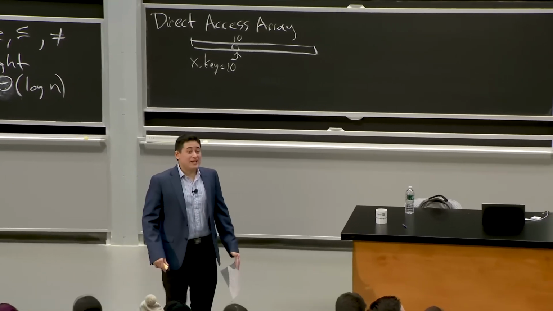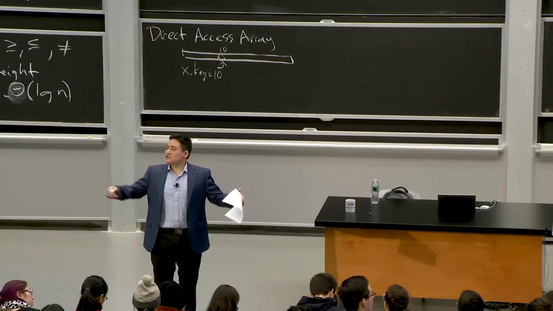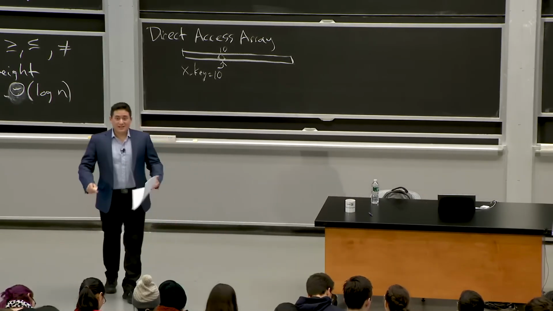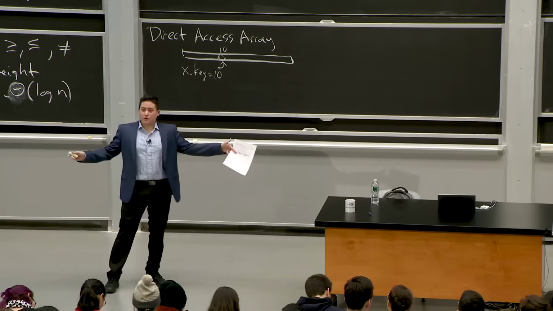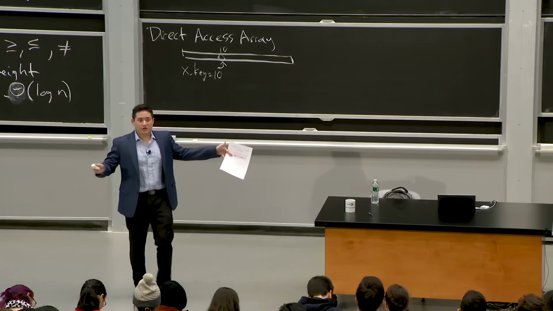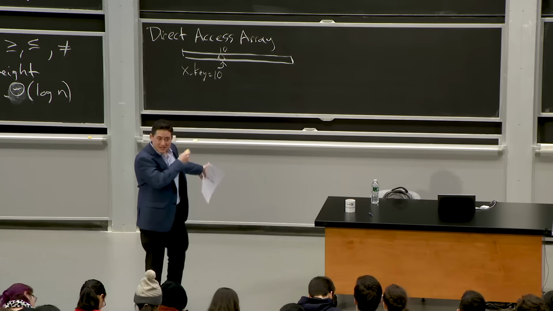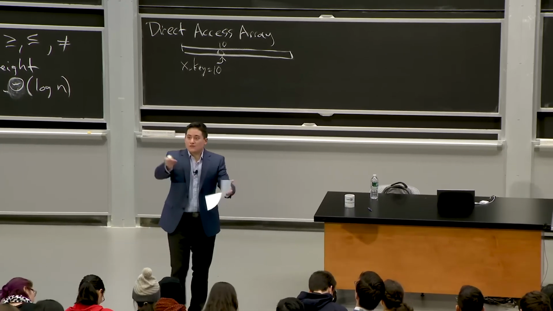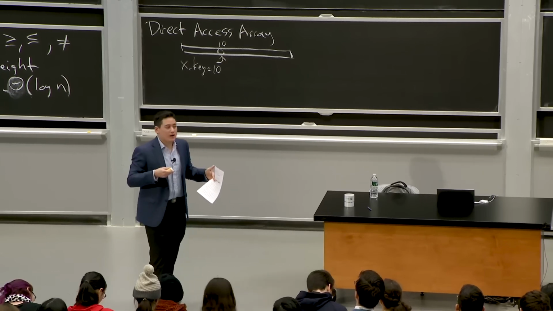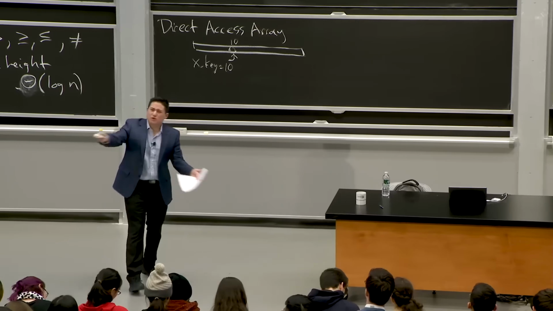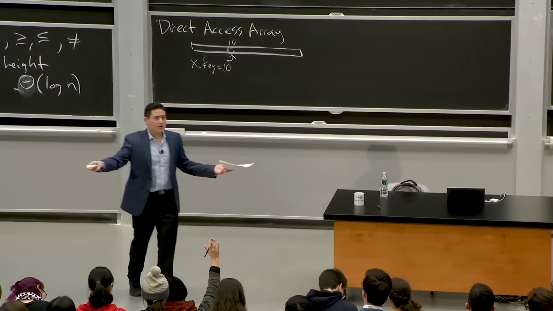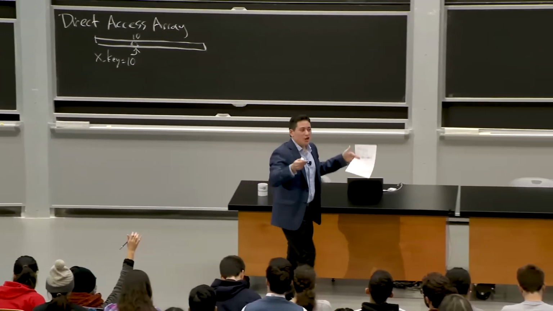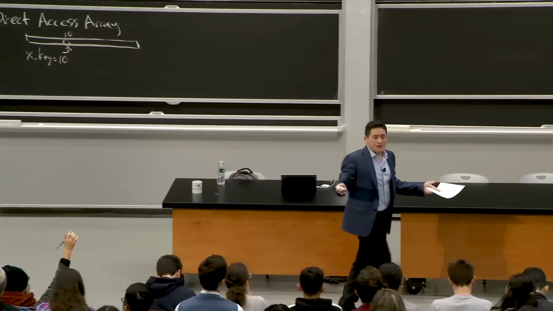That's like 10 to the 9, thank you. 10 to the 9 is the size of a direct access array I would have to build to use this technique to search on your MIT IDs when there's only really 300 of you in here. So 300 or 400 is an n that's much smaller than the size of the numbers I'm trying to store.